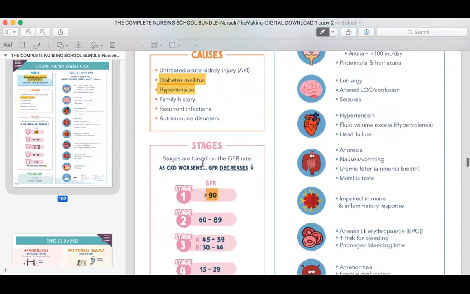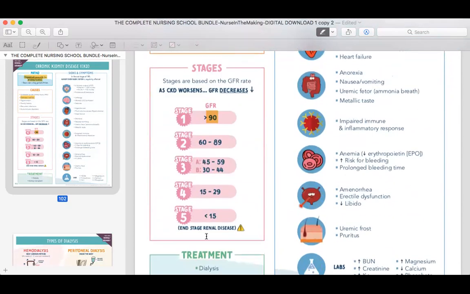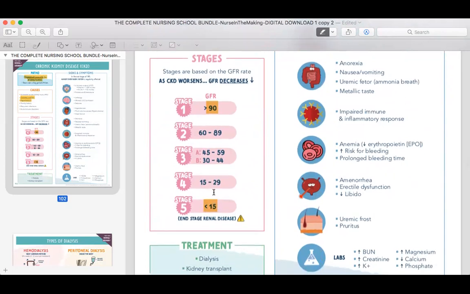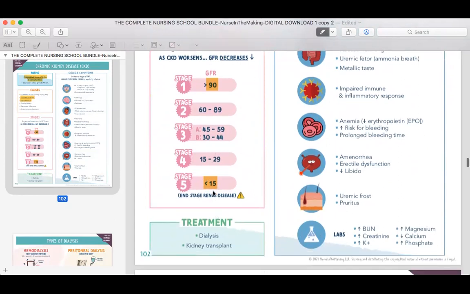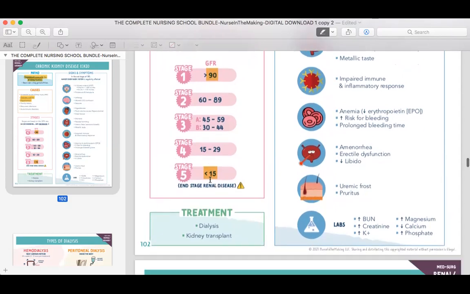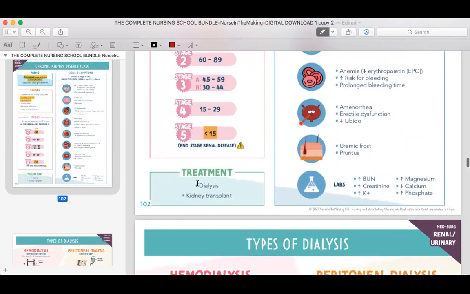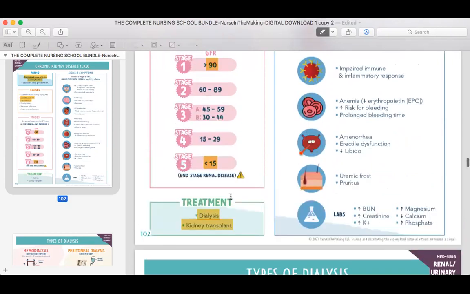If it's irreversible, and let's say patients have end-stage renal disease, where your GFR is not functioning correctly, it's not filtering out blood correctly, then the only treatments you have are dialysis or kidney transplant.